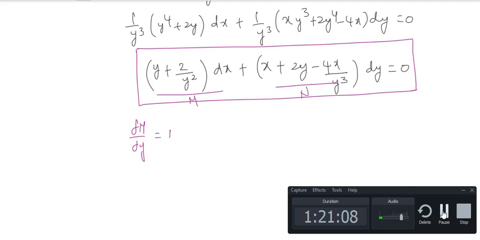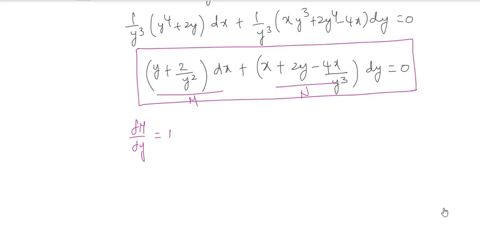So dou M by dou y, which is nothing but the derivative of y plus 1 by y square. Differentiation will be minus 2 by y cube, so minus 2 into 2 gives minus 4. So that is 1 minus 4 by y cube. So this is dou M by dou y.